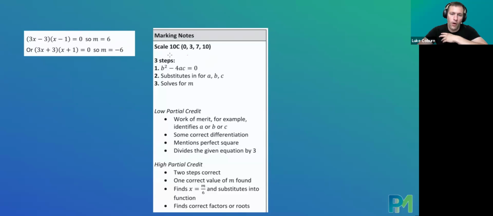But I want you to start looking at the marking scheme and figuring out what you get marks for, right? Because you might be like, I have no idea how to answer this question. It might mean that you can't get 10 out of 10. And my question to you is, why would you get 0 out of 10 then? You have to get either 3 or 7.